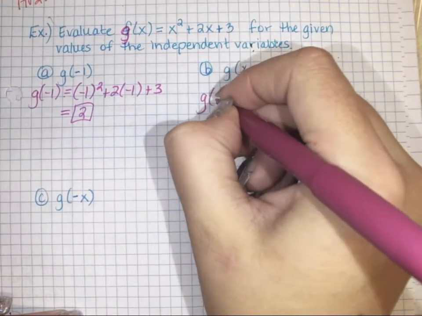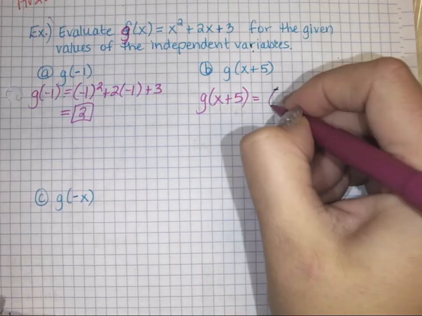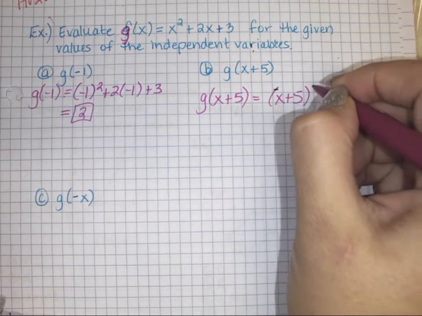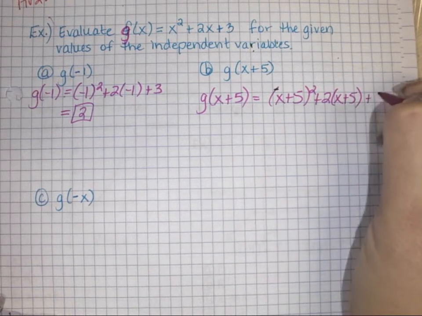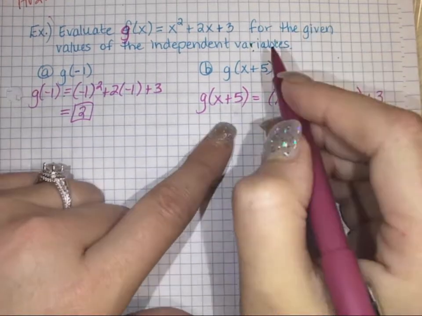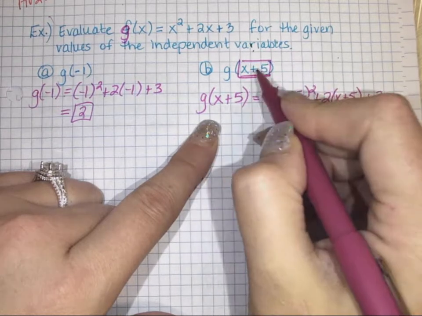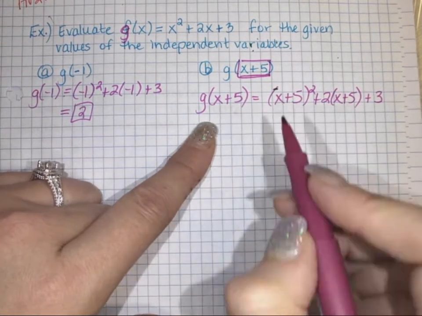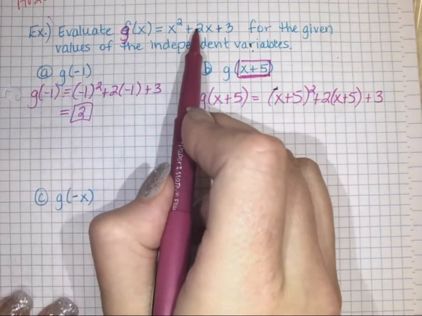Part B, my favorite type of problem, starts taking it up a level. So we have x plus 5 squared plus 2 times x plus 5 plus 3. I had to take this whole chunk of values, x plus 5, and plug it in everywhere that I see x.